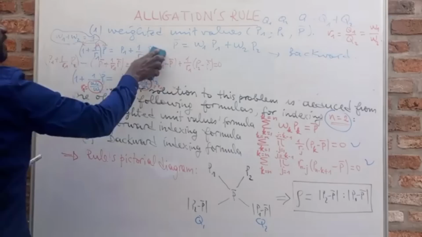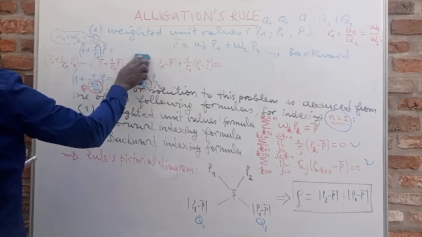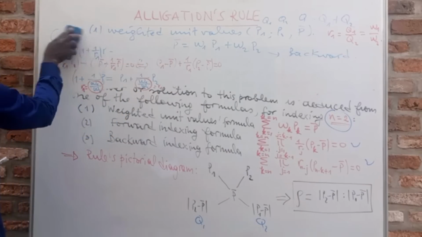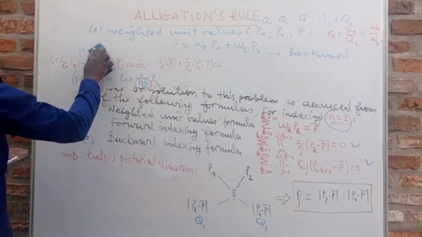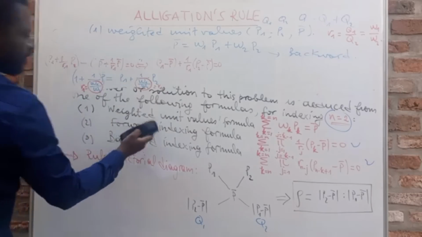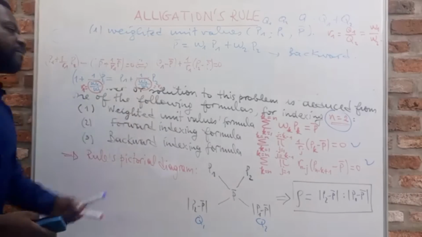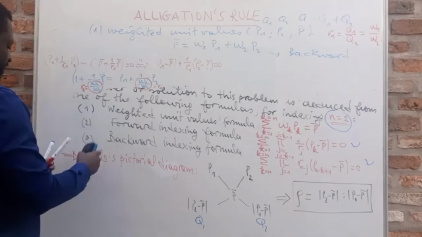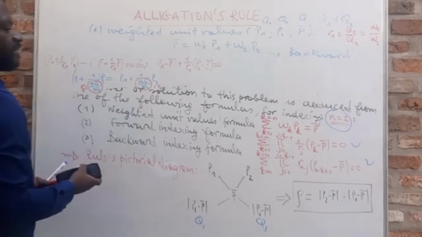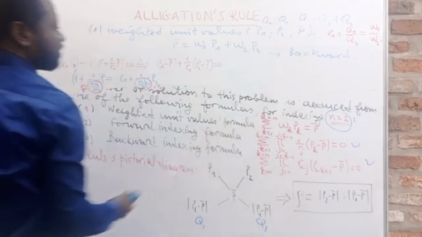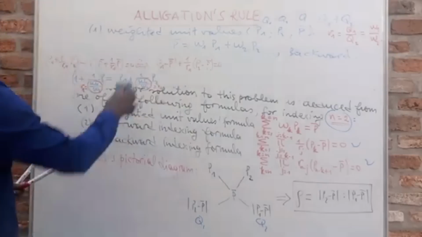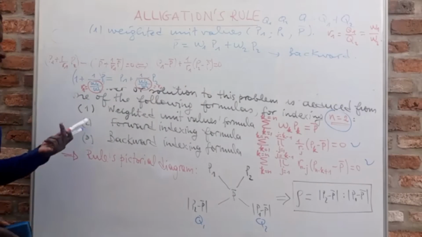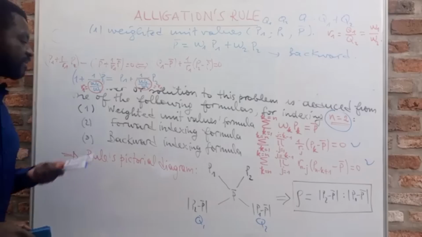And now let us write it again here, over here, in order to save space. For the forward indexing formula, actually we are using these indexing methods into the weighted unit values formula in order to solve it. That is why last time in the previous videos I told you that these methods are very interesting.